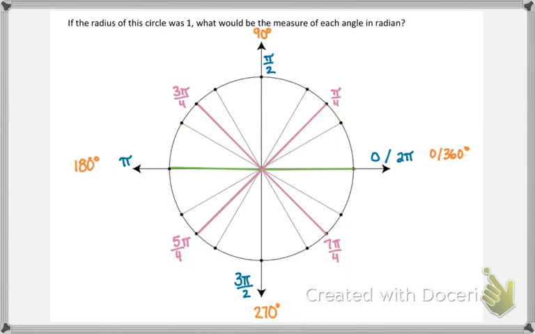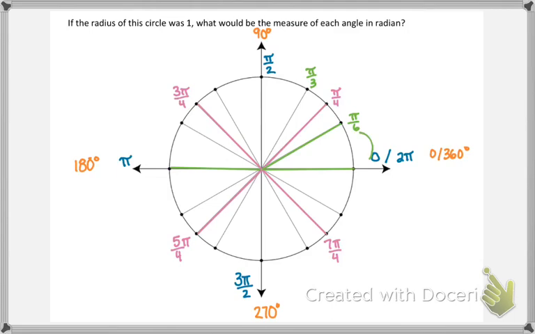So this angle right here is going to be 1/6 of pi, so pi over 6. Okay, 1/6, and then adding another 1/6, the next one would be 2/6 of pi, and 2/6 reduces to 1/3. So pi over 3.